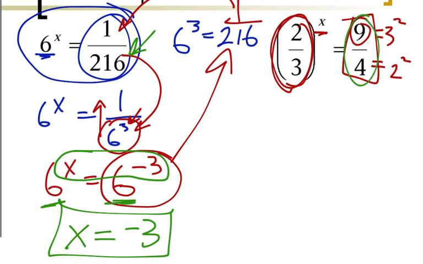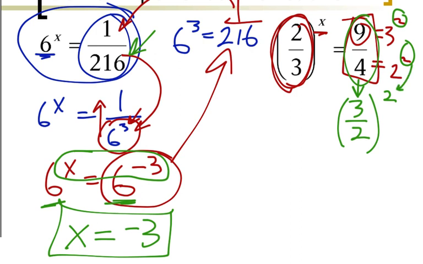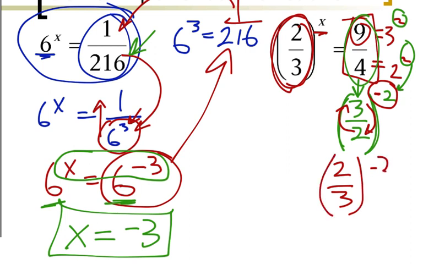So 9/4 is actually equal to 3/2 squared. Okay? And notice they both are squared, so what that means, I can pull it out and have parentheses. Now, I just need it to flip over. Well, I can flip a fraction over by putting a negative sign on the exponent. What that does is it causes the fraction to flip, and I actually get 2/3 to the negative 2 power.